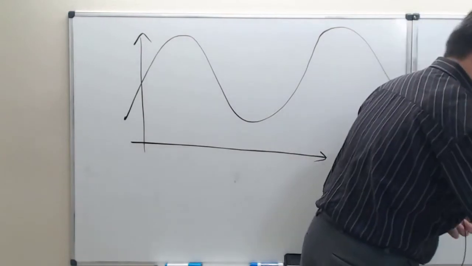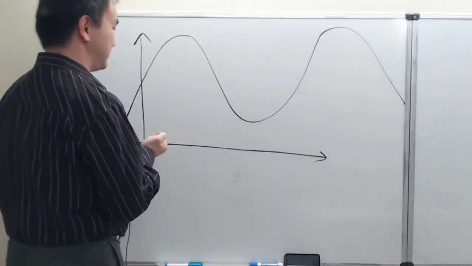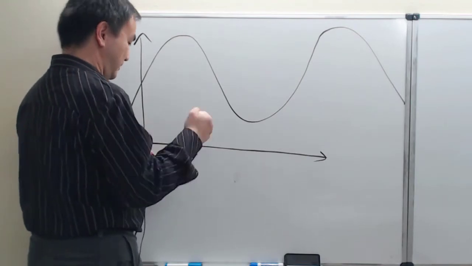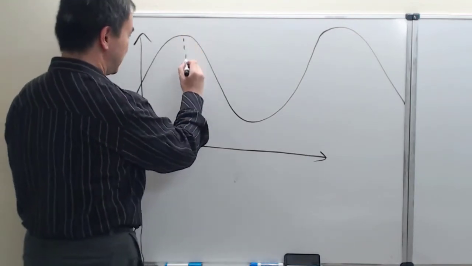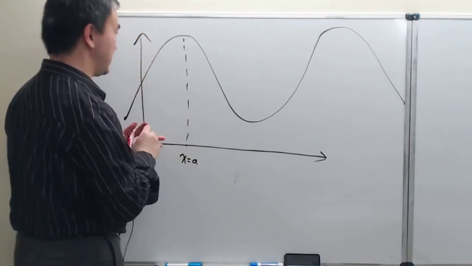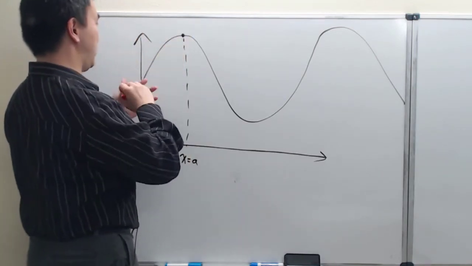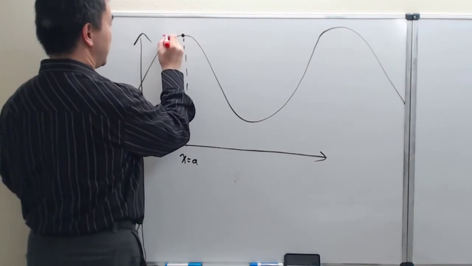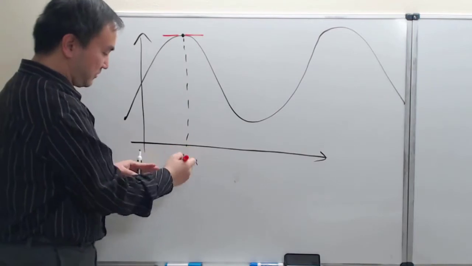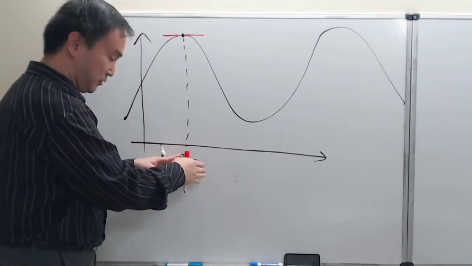And so now we already knew that at places like this on the x-axis, let's say I call this x equals a, and at that particular point right here, we have a horizontal tangent line. And so we call this x equals a, this x value on the x-axis, the critical value.